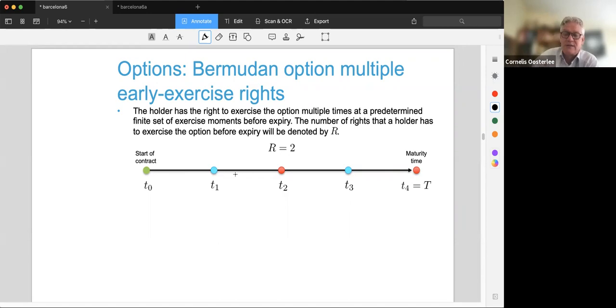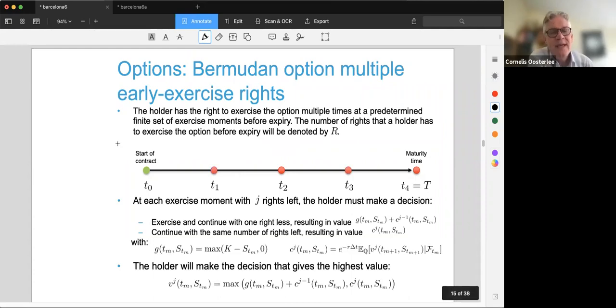Multiple exercise rights: the contract doesn't end when one exercise right is exercised. Only when all exercise rights are exercised does the contract end. So if we look at a specific time point, we want to come up with a dynamic programming formulation, because we can work with that, and we can even use Monte Carlo with that.